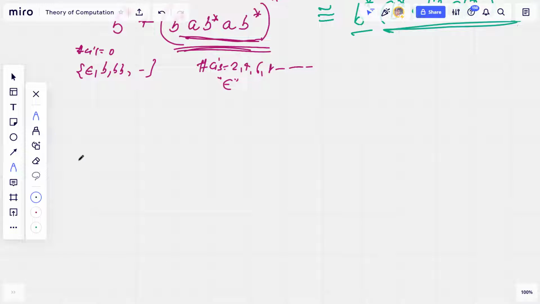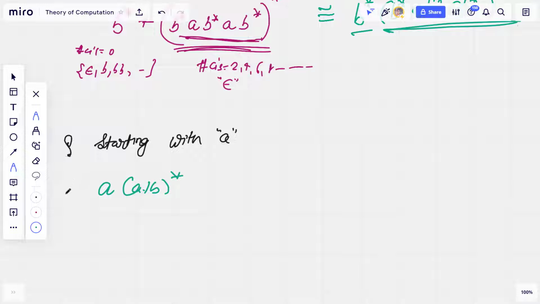Then we'll see the set of strings starting with a. L is a language which contains strings starting with a. It's going to be simple: you first need to have a and then anything after it.